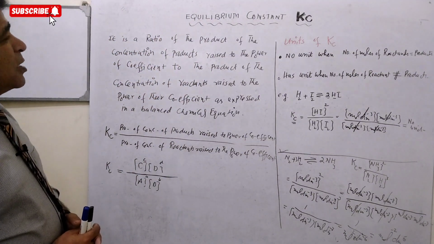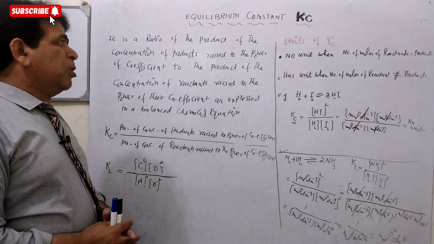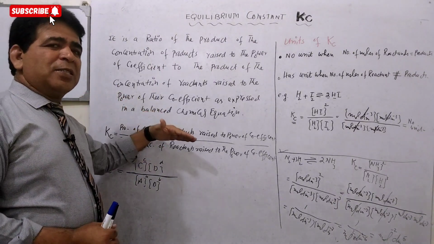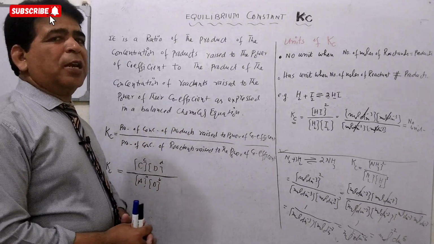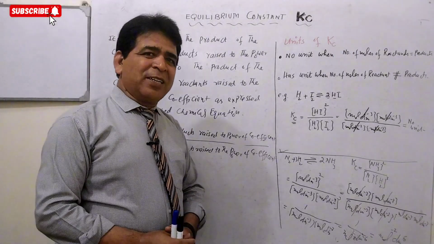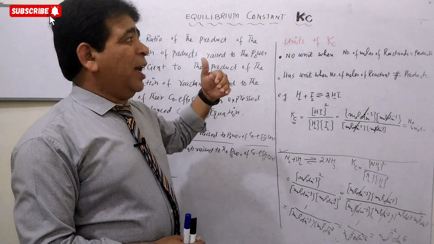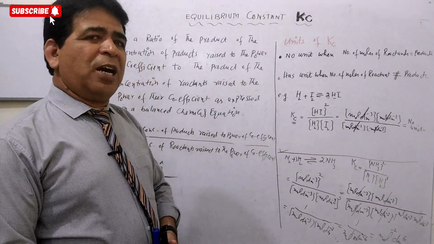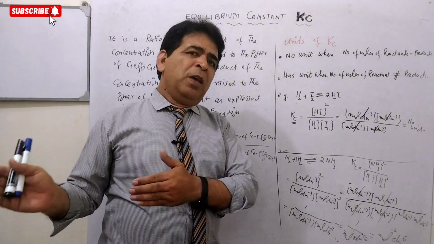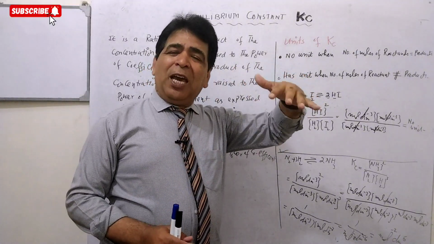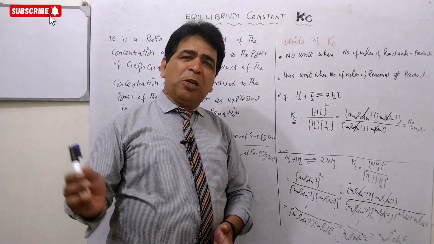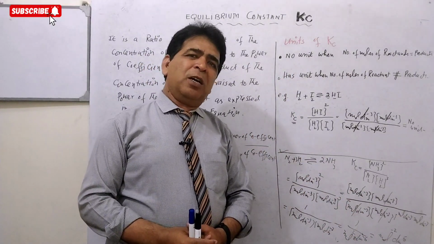If we make a summary of this topic, the equilibrium constant is in fact a ratio between the molar concentration of products to the molar concentration of reactants, and it can have a unit when the number of moles of reactants is not equal to the number of moles of the products, and it will have no unit when the number of moles of the reactants is equal to the number of moles of the products.